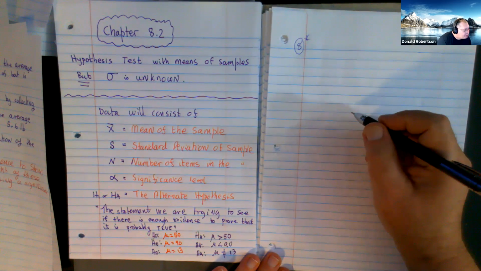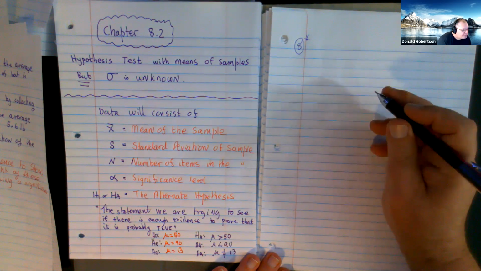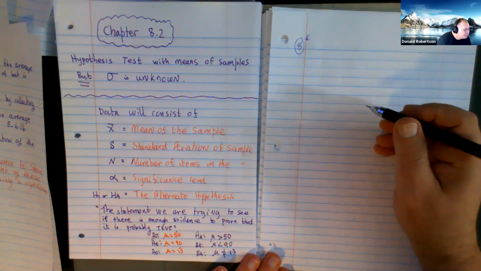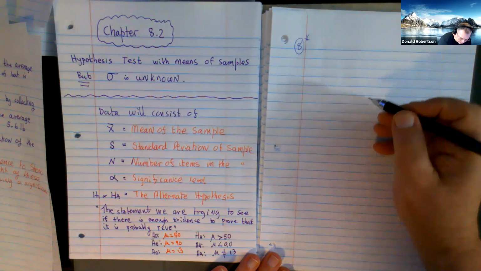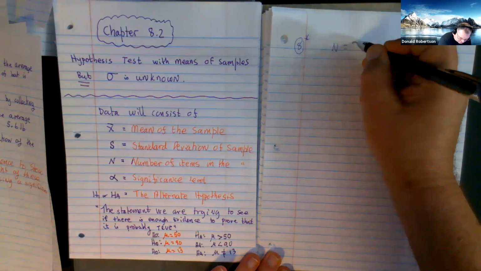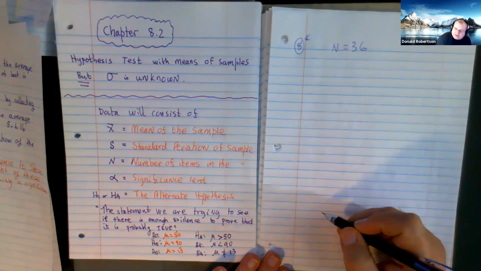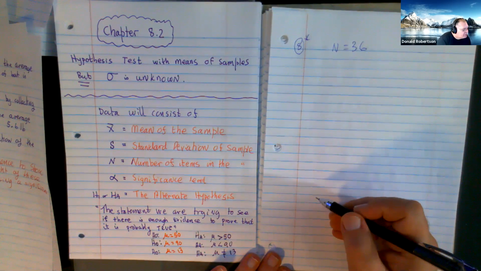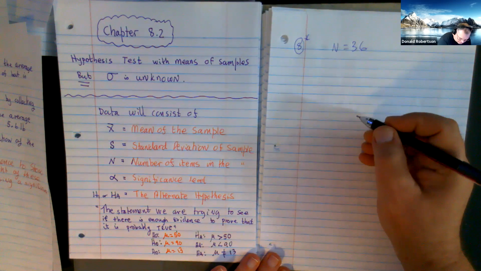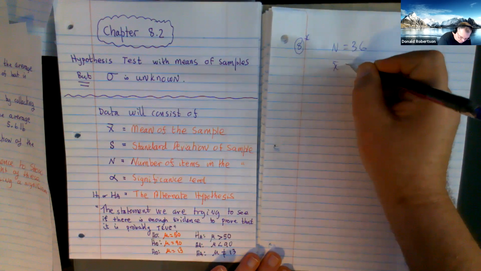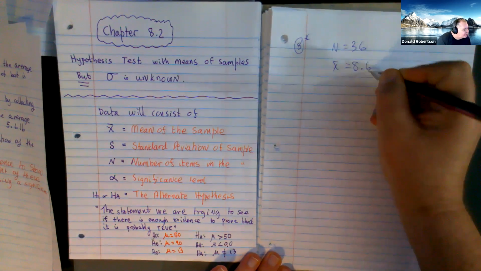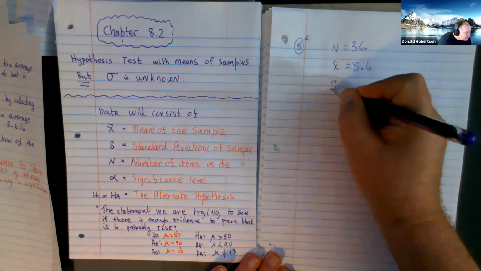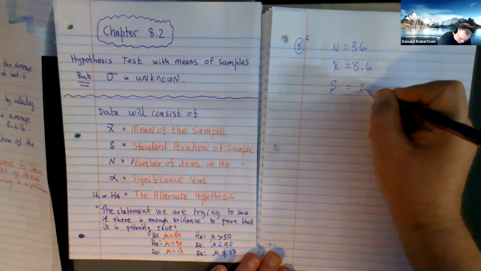And in this story, a new drug for arthritis has been developed. However, it's thought that the drug may change your blood pH. So a random sample of 36 people. Right, random sample of 36. Boom. Blood test shows that the mean of this sample was 8.6. That's its average pH. That the standard deviation of the sample was 2.9.